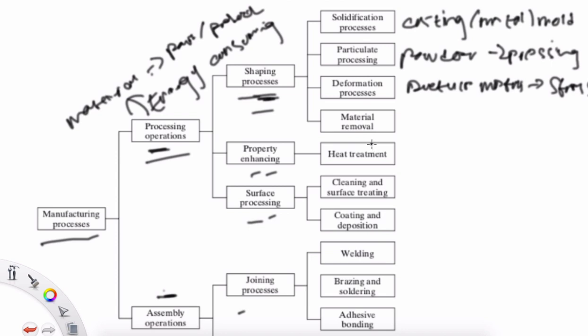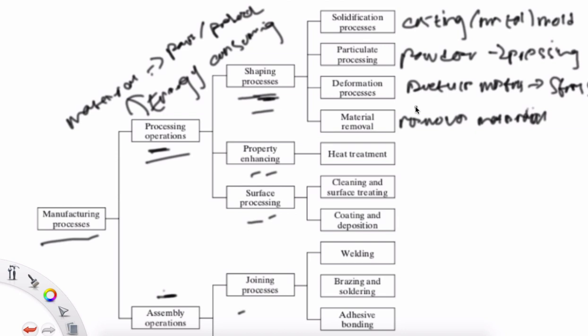And the last one for the shaping process is material removal. Material removal is a solid from which excess material is removed. Remove the material from the workpiece so that the resulting part has the desired geometry.